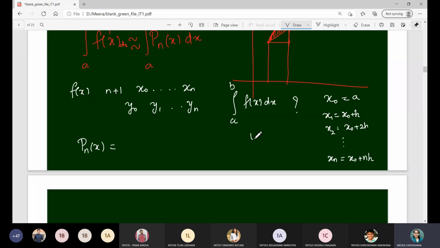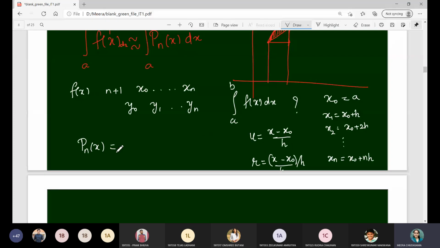In that case, suppose I consider u as x minus x0 upon h. If you refer to our notes, we have chosen r as this quantity. R is nothing but x minus x0 upon h, okay? So instead of r, I am considering right now u as the quantity.